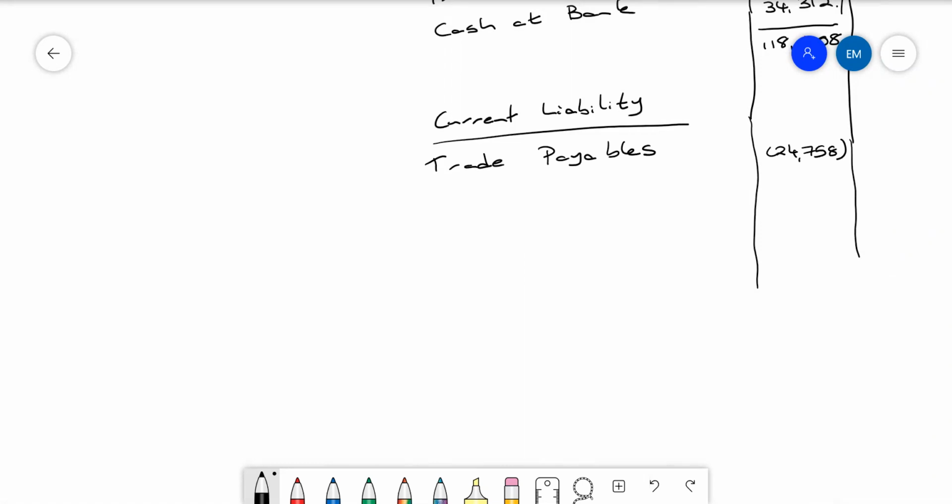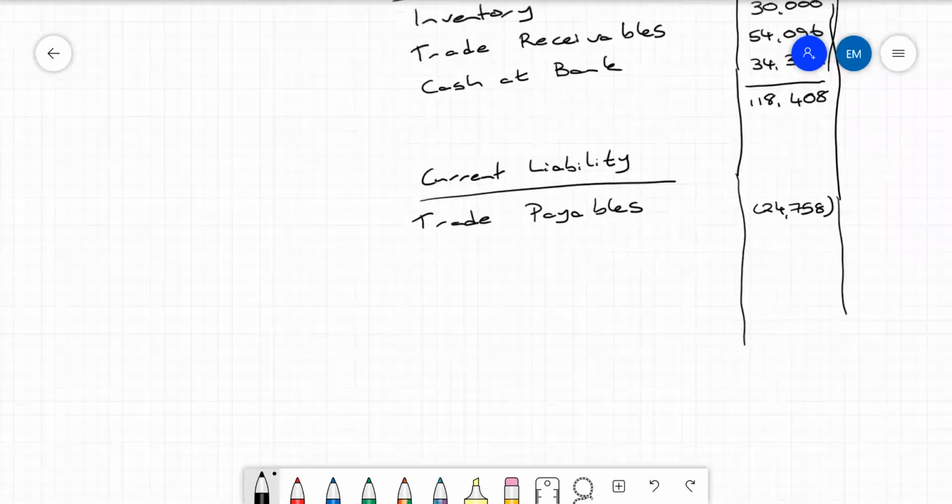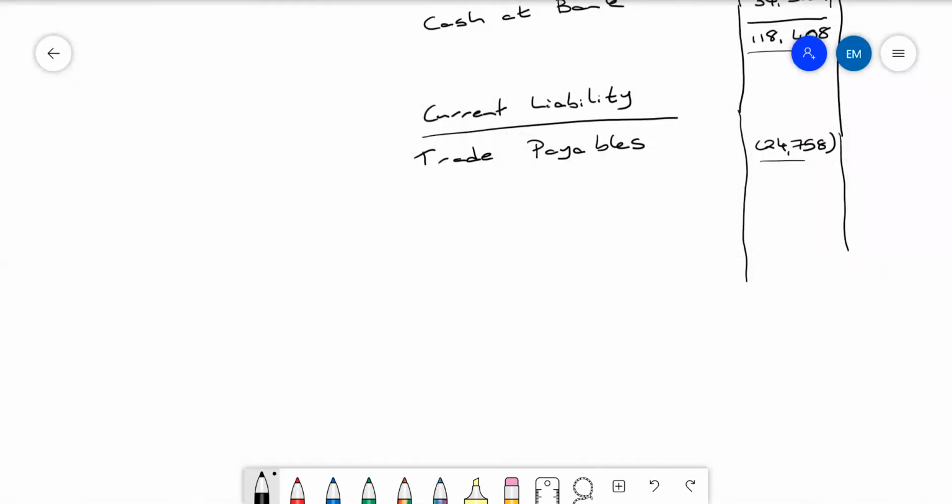So now the next piece that we calculate, we take our current liabilities away from our current assets, and the figure that we get there is called our net current assets. Our net current assets is simply our current assets minus our current liabilities.